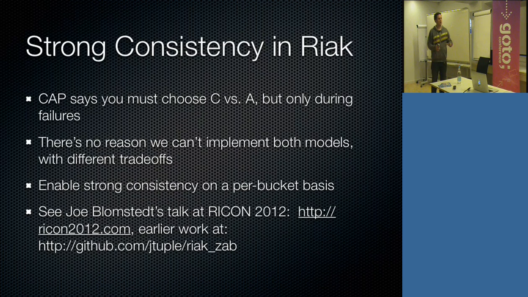But usually for any one comprehensive use case, there is maybe 50 to 80% of it that's fine with eventual consistency, and another 20% or so that either requires strong consistency or would be a real pain to write in that eventually consistent model.